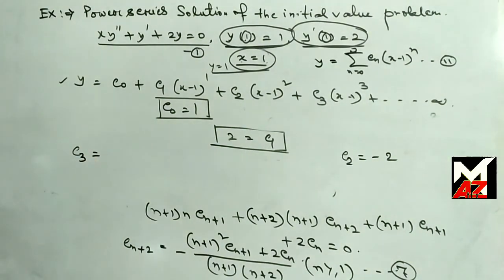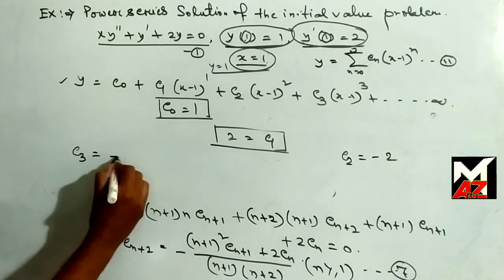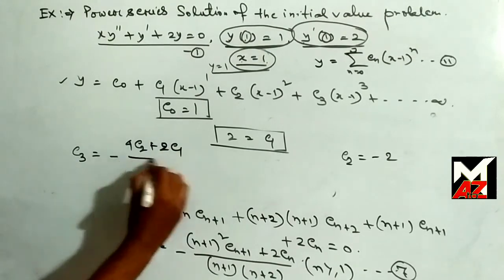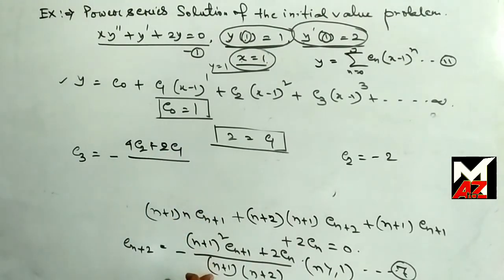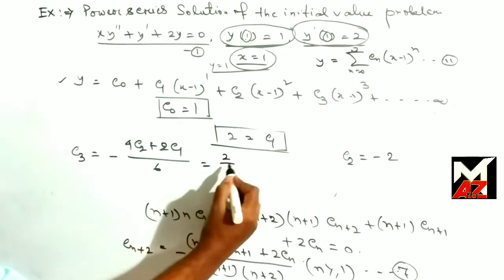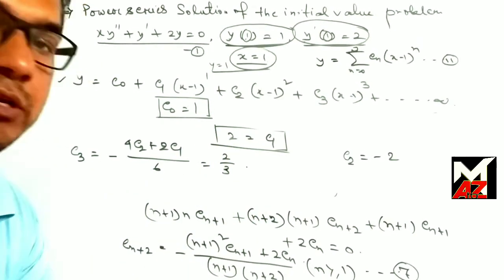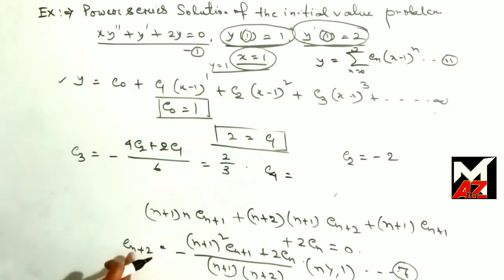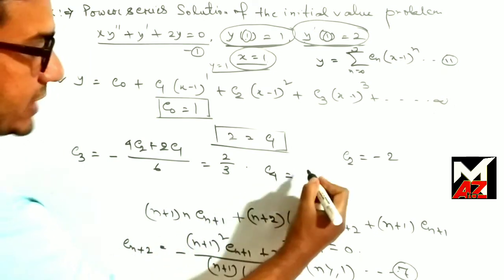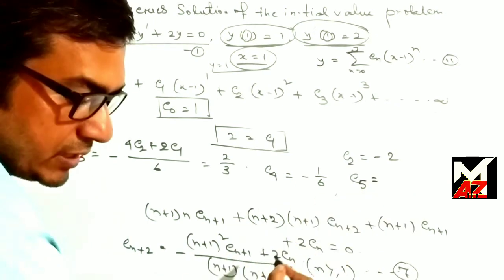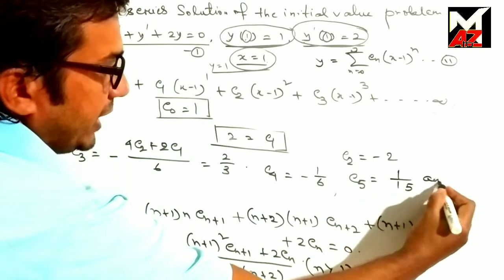C3 equal to minus 4 C2 plus 2 C1 by, this is 2, this is 3, that is 6. And putting the value of C1, C2, we get the value 2/3. Similarly, C4, by putting n equal to 2, we get C4 as minus 1/6. C5 is 1/15, and so on.